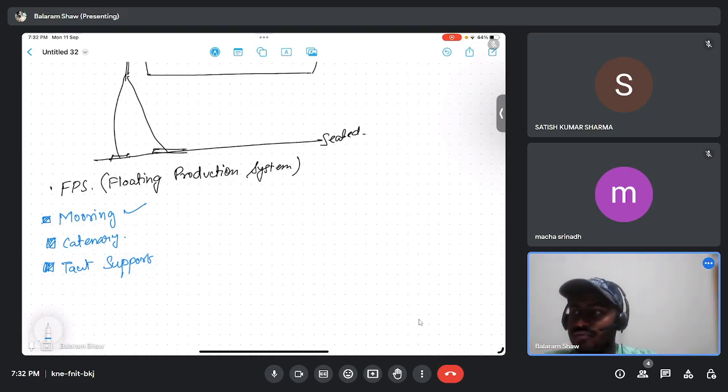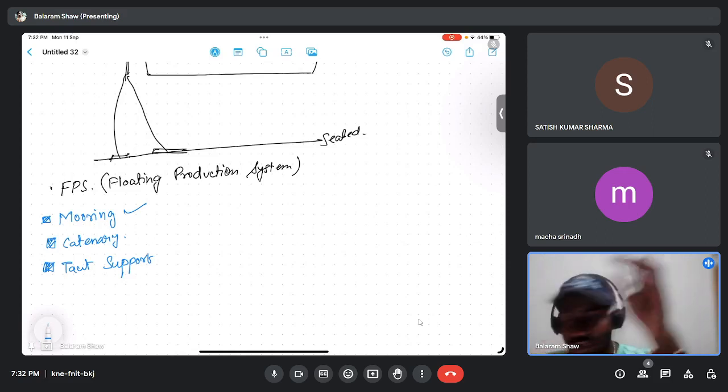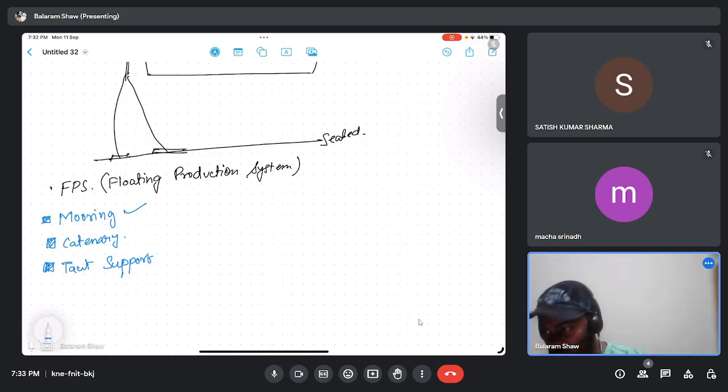Now what I was saying was mooring. So this catenary mooring, what is catenary mooring?